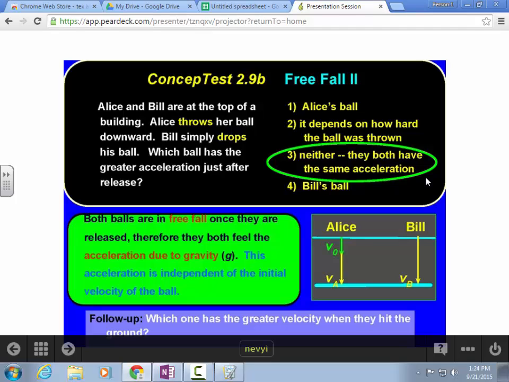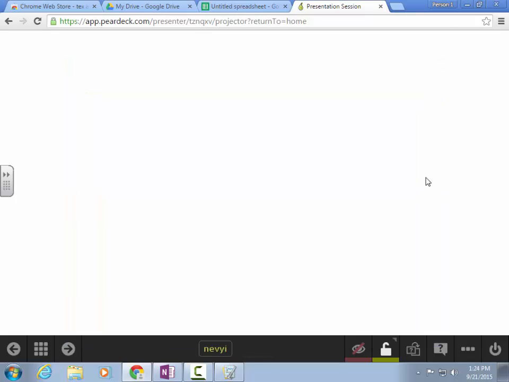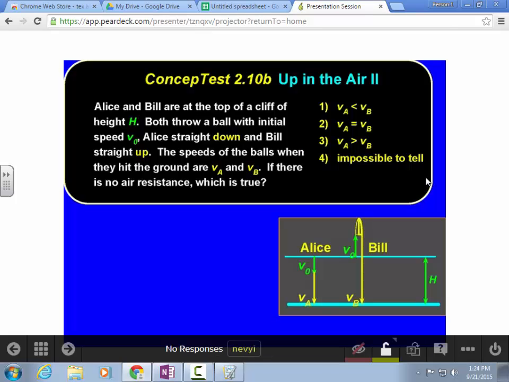So which one has a greater velocity when they hit the ground? Clearly, Alice's ball will have a greater velocity. Okay. If there's no air resistance, what do you expect the two speeds to be? When they hit the ground.